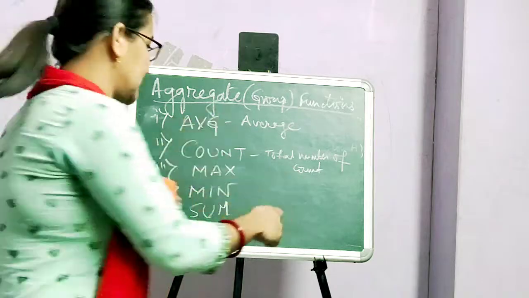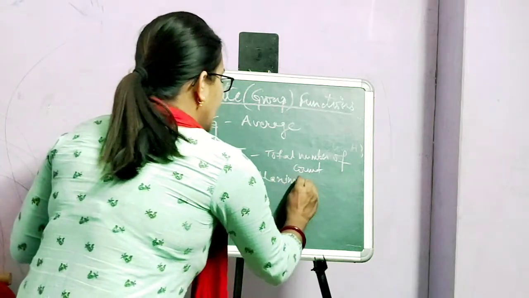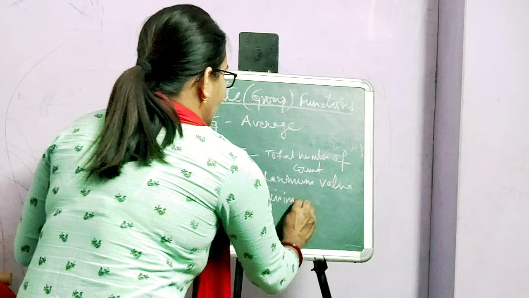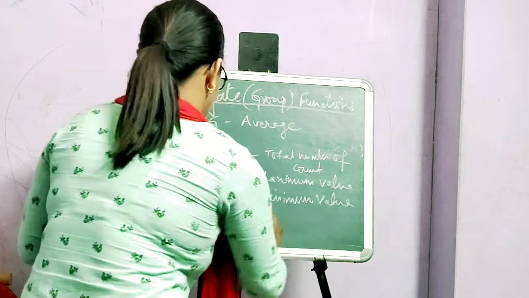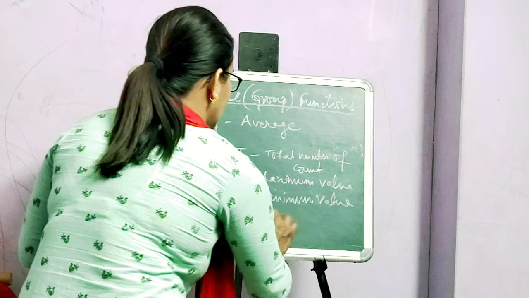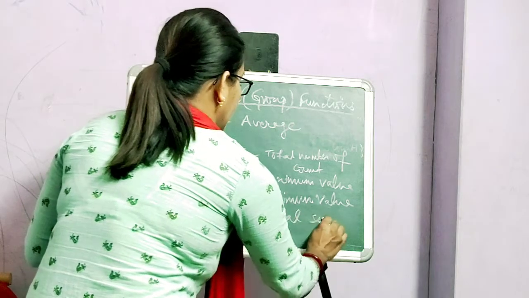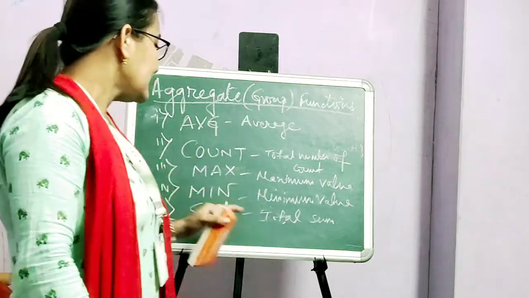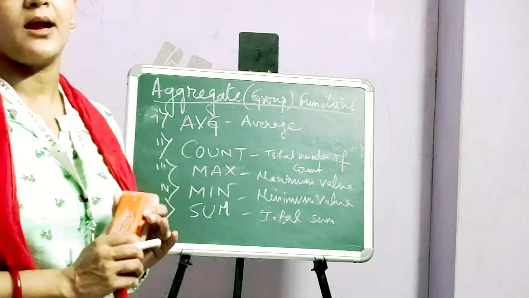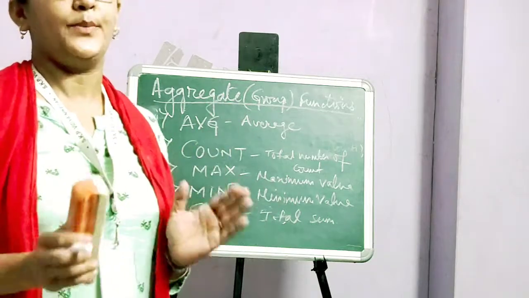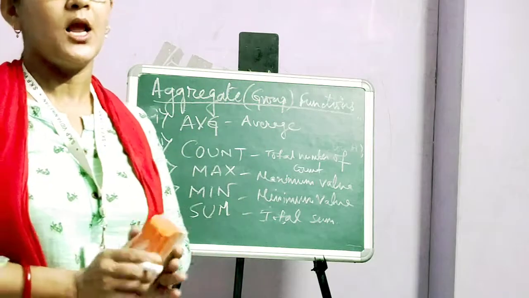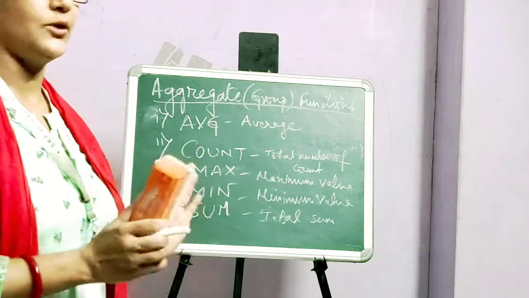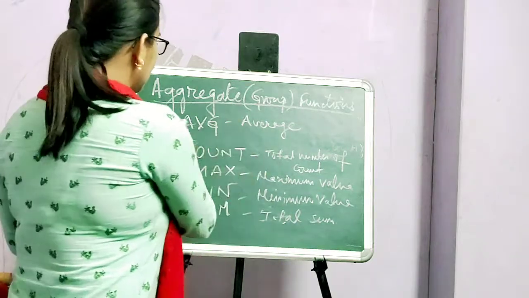Max gives the maximum value, min gives the minimum value, and sum gives the total sum. We will see these 5 aggregate or group functions with the help of a table example. Then it will be clear to you all, I hope. So this is clear now.